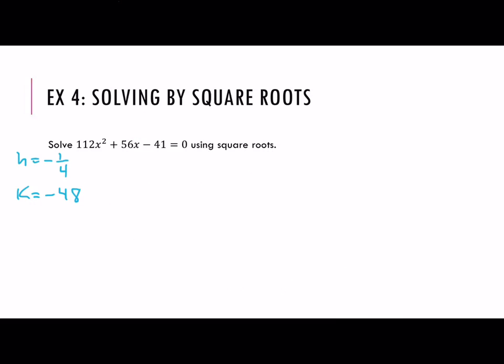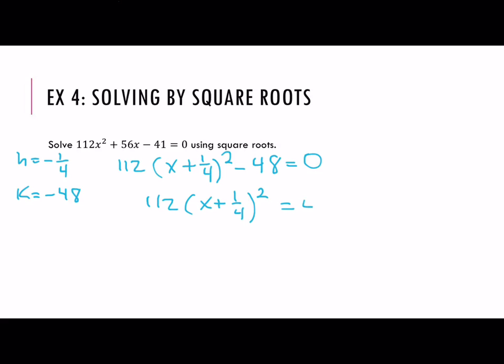So now we write vertex form. So we would have a, which is 1/12, times x minus -1/4 squared plus k equals 0. And then we start solving. So add k to the other side. And then divide by a.